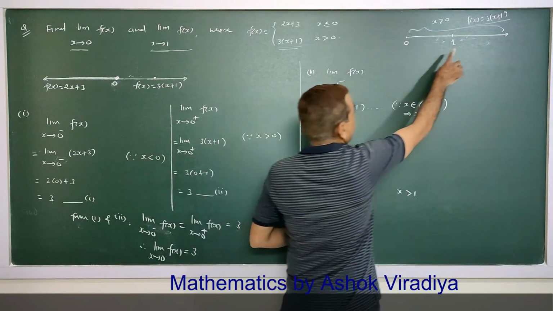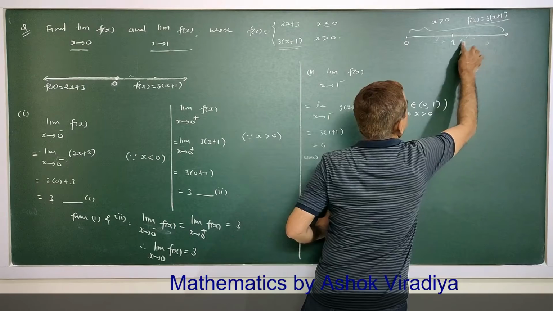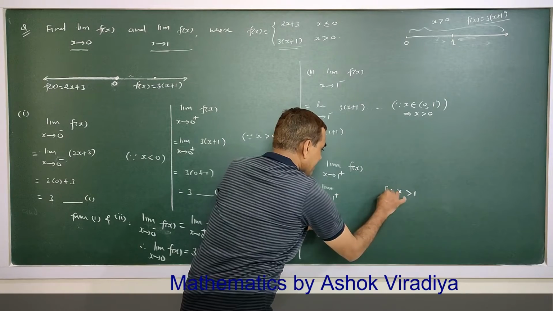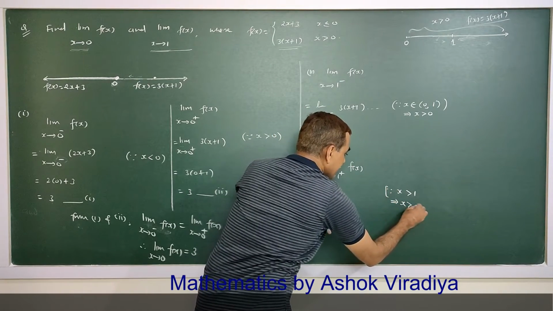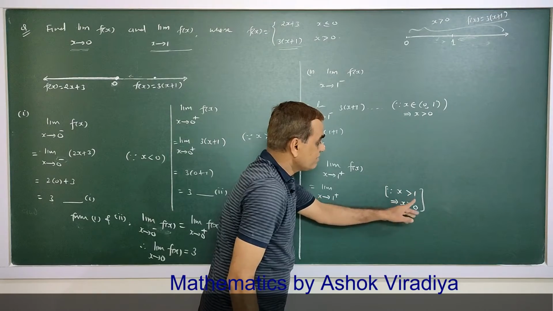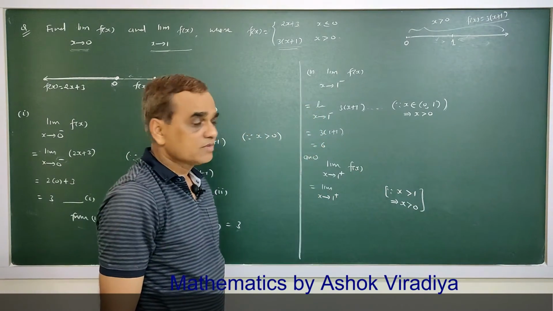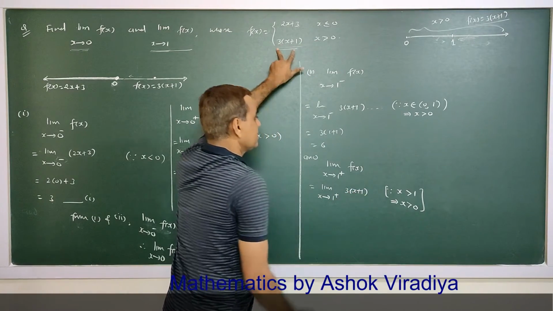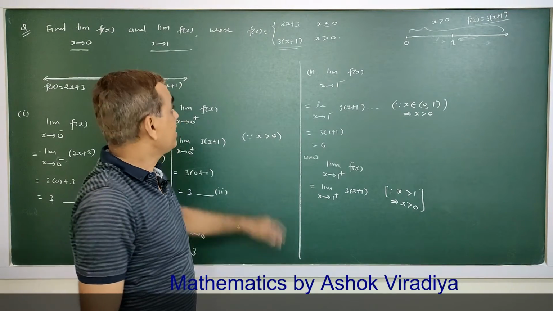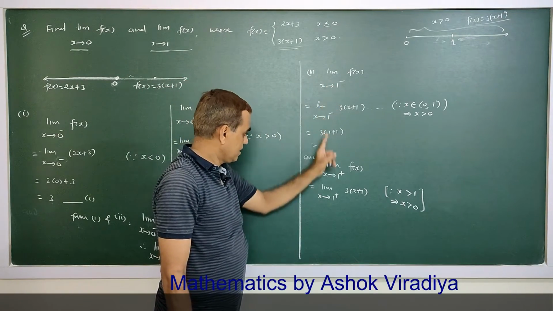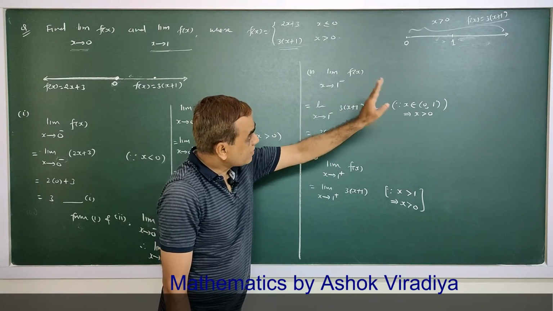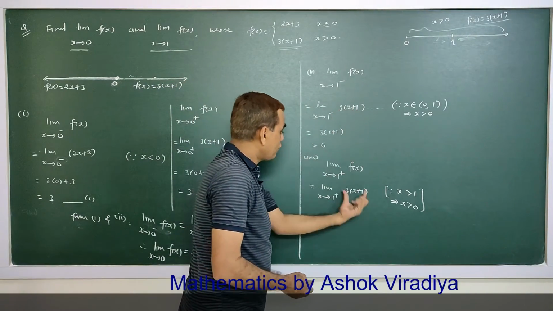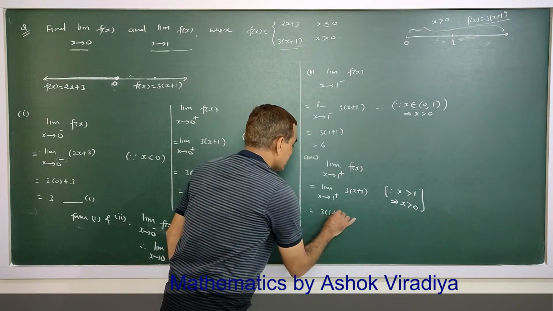So all x are more than 1, and if x is more than 1, obviously it is positive. Every value more than 1 is positive. So x positive, so same formula, 3 into x plus 1. So here at 1, on left of 1 or on right of 1, the function is not changing its formula. So we use the same formula. So this is 3 into 1 plus 1, it is 6.